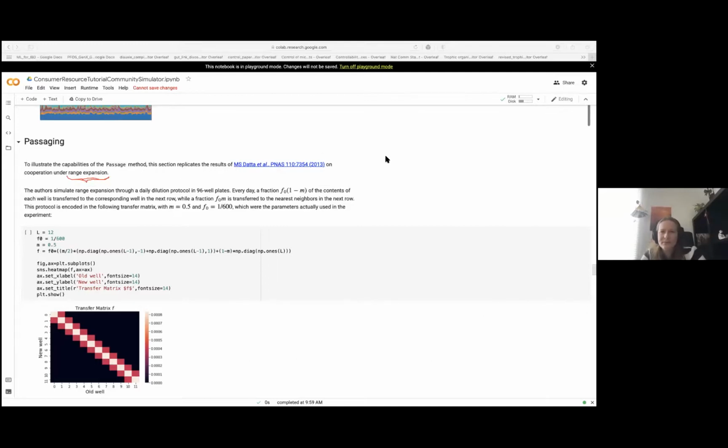You have two species. One species can grow on some complex carbohydrate and output some byproducts. But then it can't really grow very well on those byproducts. It can utilize them a little bit, but not as well as other species that can come into this ecosystem and just thrive on those byproducts.